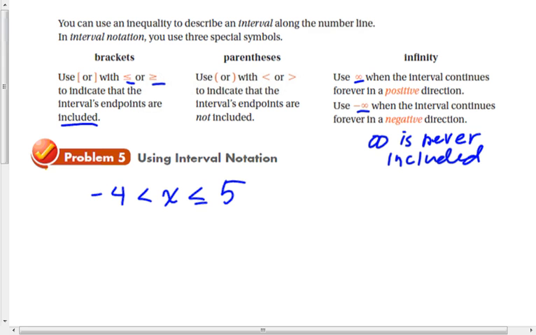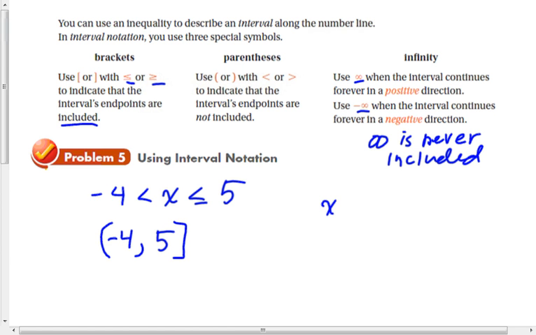To do that, since I don't want to include negative 4, I'm going to start by using a parenthesis, negative 4, and then a comma. Now, when you use interval notation, you just assume that you're going to keep going. So I'm going from negative 4, and you always put the lowest number first. Then I'm going to go all the way up to 5, and I want to include 5, and the way I show that is I use a bracket. So that's how you would do something like that.